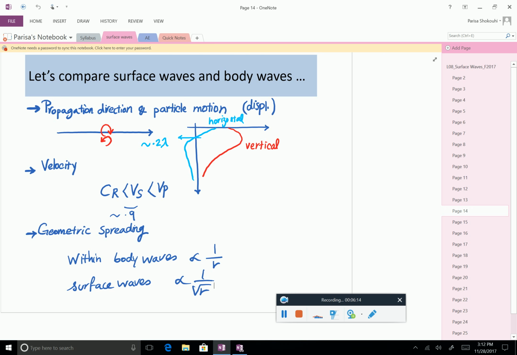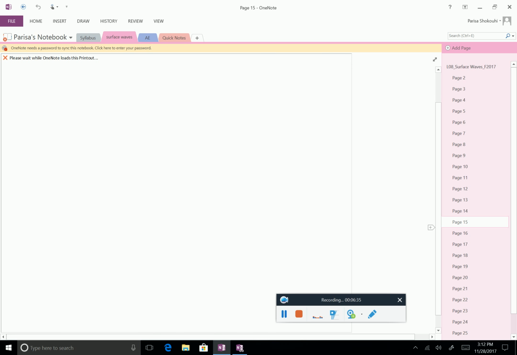It's about 90% of the shear wave, but the relationship depends on Poisson's ratio. So this is what we had long time ago, like 2 weeks ago, and we learned about the principles of surface waves. So what I want to do today is go over some of the applications.